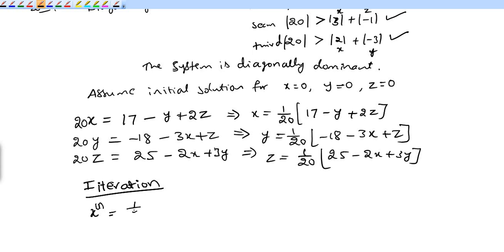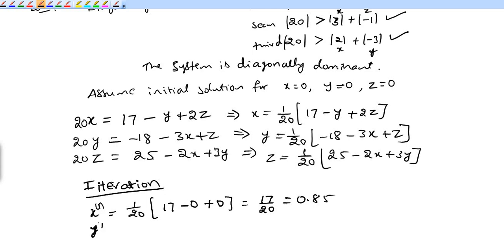So 1 by 20 into 17 minus y value 0, z value 0. So we get 17 by 20. This gives us 0.85.